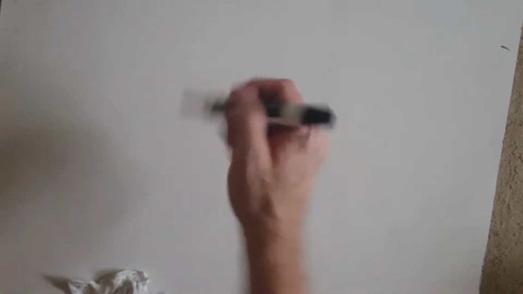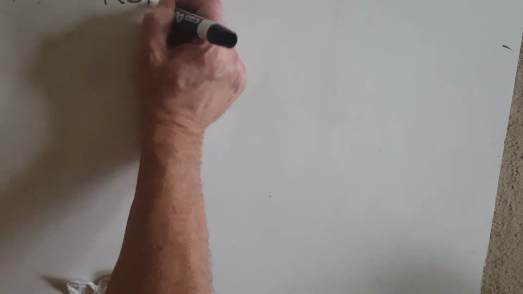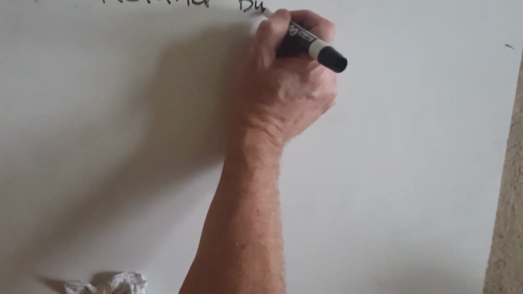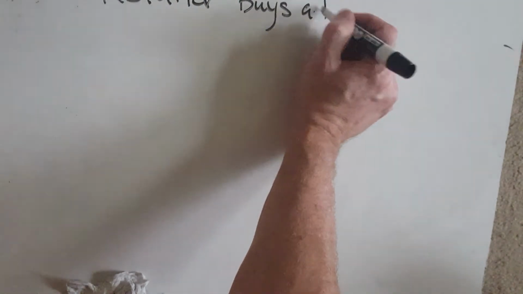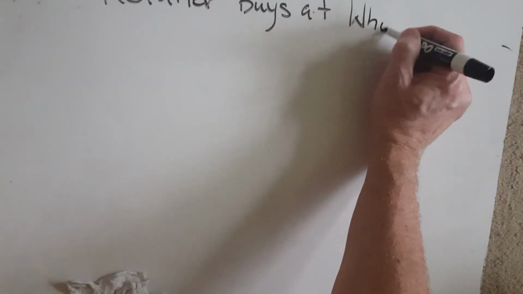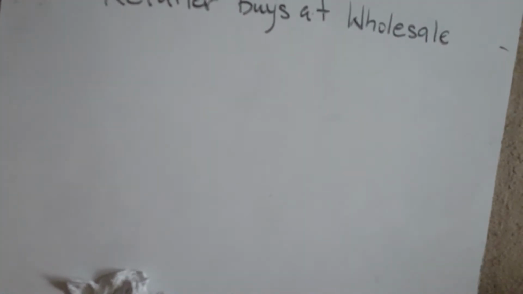We've got the proprietor of a store who gets products at wholesale. Well, let's just call him the retailer, because the retailer is someone who sells at retail. The retailer buys at wholesale, right? Well, in order to make a profit, you know, he's not going to be in business just to support his family.